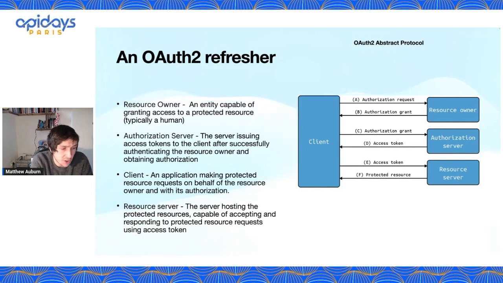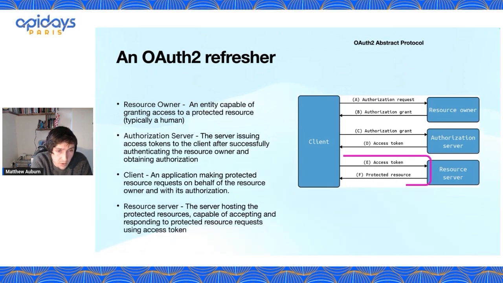The application would forward me over to the authorization server, and I would authorize, saying yes, this client can access these resources on my behalf. It would issue an access token to the client, and then the client would send that access token to the resource server, and the resource server would determine whether it's going to serve that request or not.